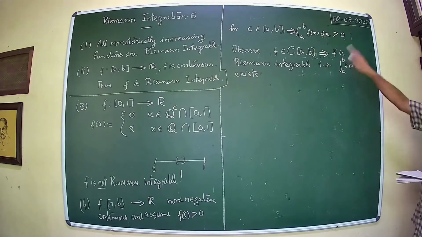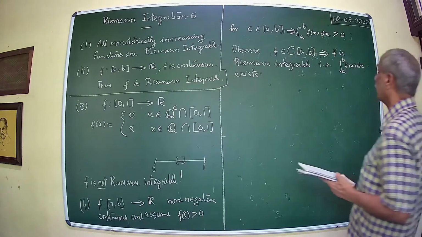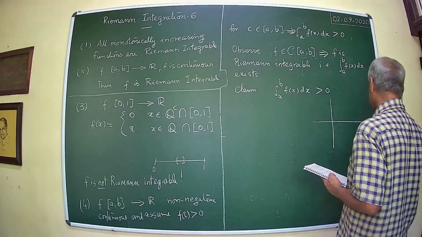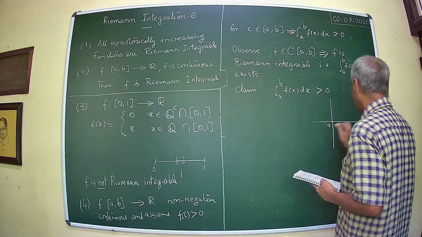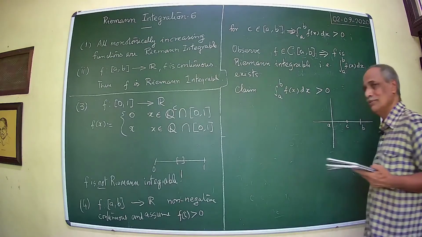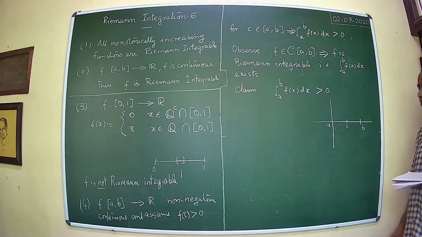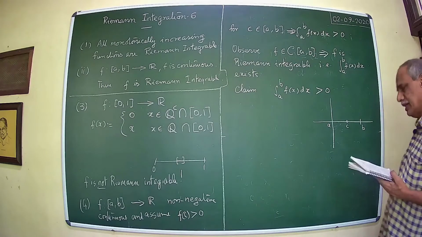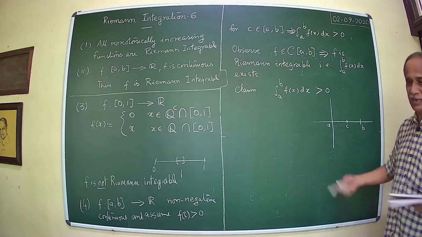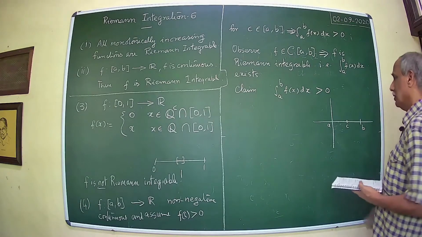Now we want to assert that this is greater than 0. How do we work on this? I'm spending some time on this because usually we will have to work with this kind of problem. So we assume c is a point, and without loss of generality, endpoints you can deal with almost in the same way.